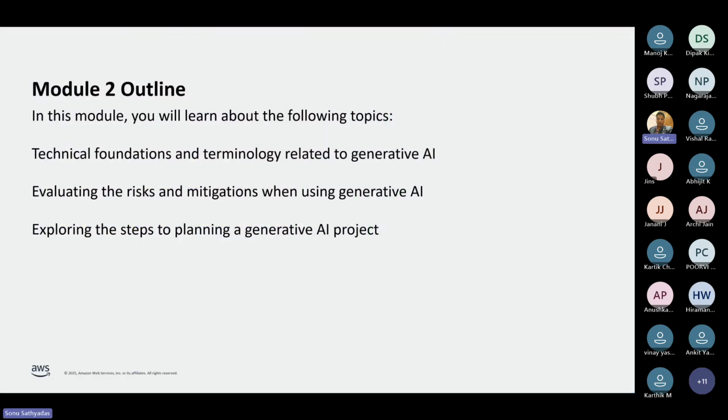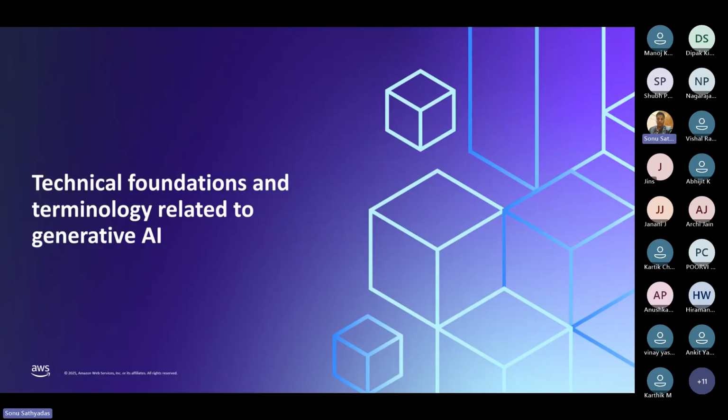In this module, we will learn the technical foundations and terminologies related to generative AI, evaluating the risks and mitigations when using generative AI, and exploring the steps to planning a generative AI project. First, we need to understand the technical foundational concepts required for using generative AI.